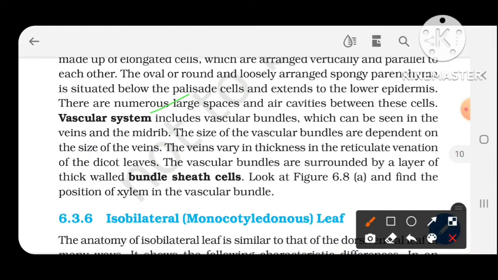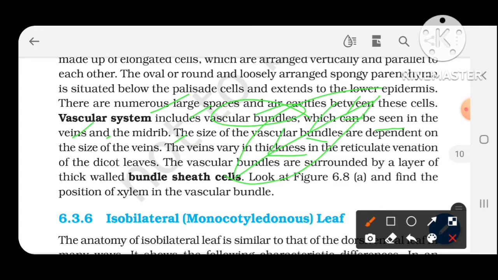Okay, now next point. Now vascular system. Vascular system includes vascular bundle, which we can see in the midveins and the midrib. So, suppose this is the leaf and this is the midrib, and we can see such type of lines over the surface, which are veins.